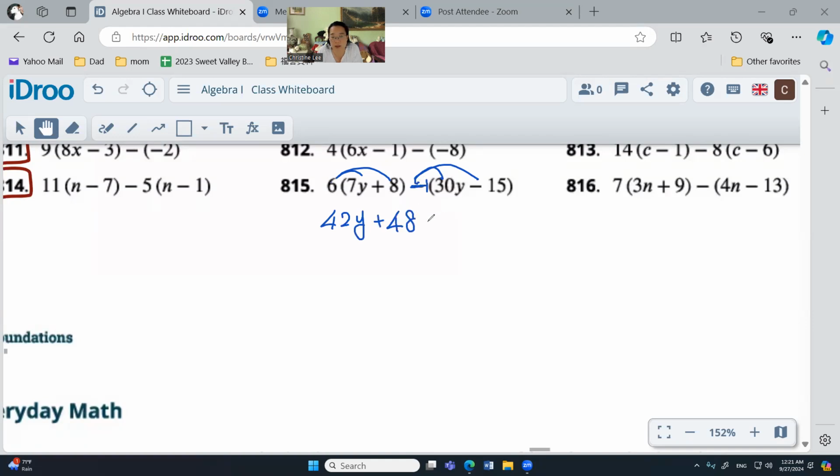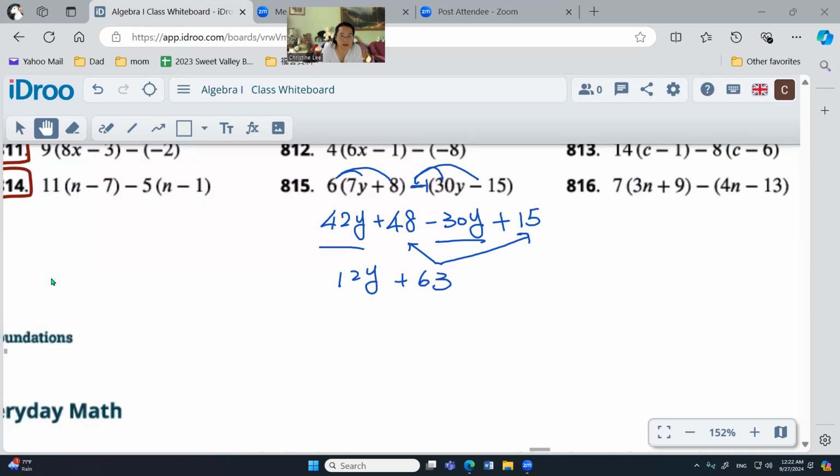Minus times 30y, minus 30y. Minus times minus is plus 15. Yeah, that's how you do it. Then you can add them together, 12y, and then do this one and this one. 48 plus 15 is 63.